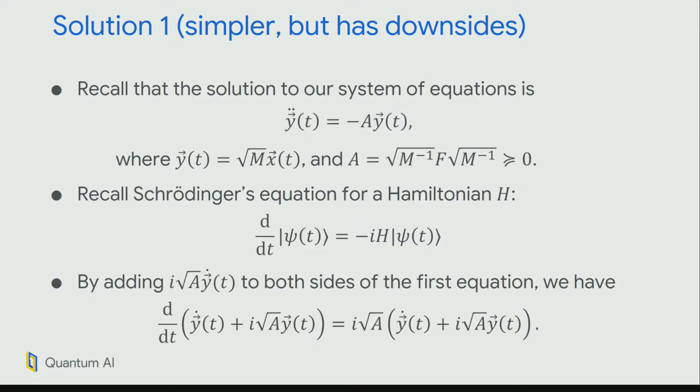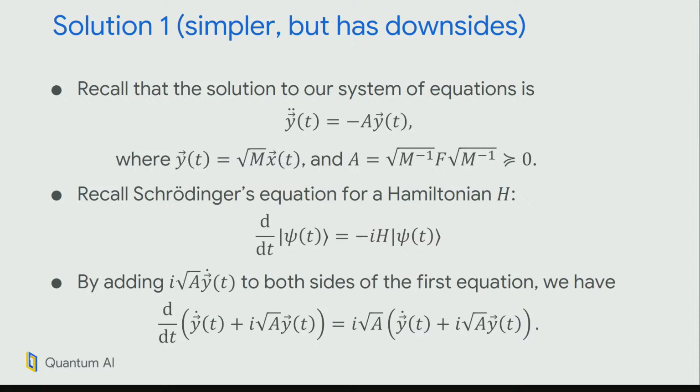And this, after d by dt adds a dot on both of them, is exactly this term plus this term. And the right-hand side is also correct, unless I've done some algebra error. The i square root A y dot is the first term here, and the second term is coming from this guy, because I took square root A out common, and i square root A out common.